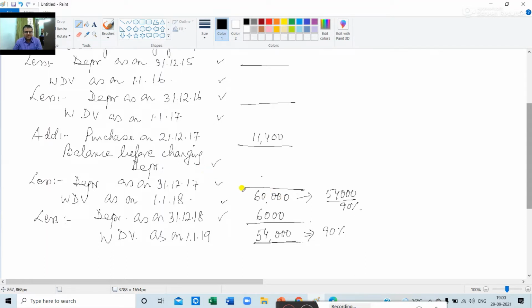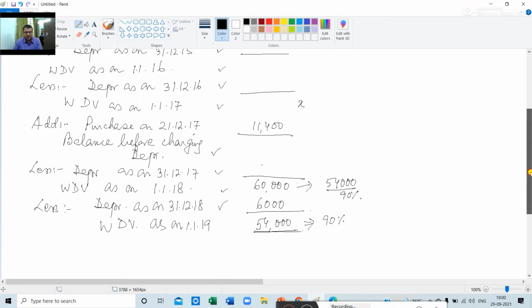Now, what was the amount of charging depreciation? So the balance on 1st January 2017, let it be X. So let me show you a small working.